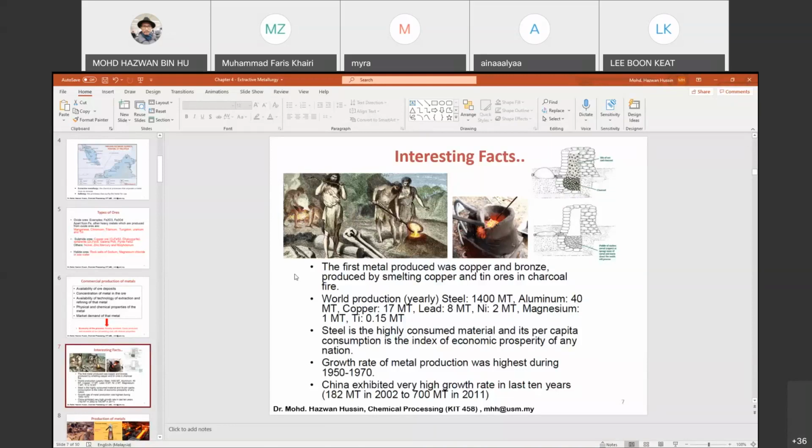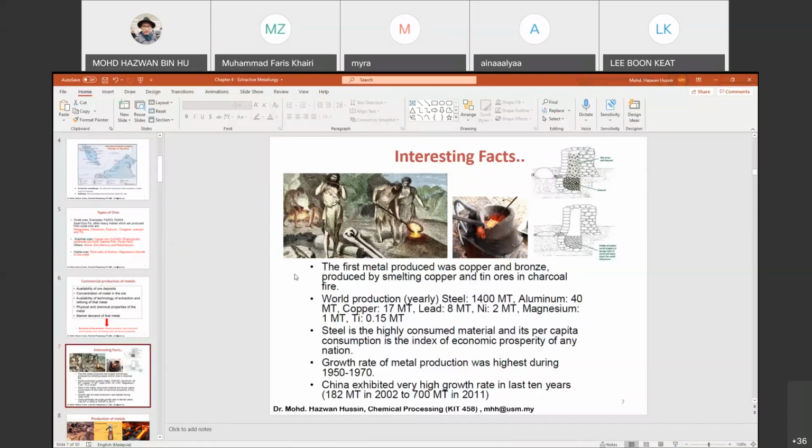The world production of steel yearly is around 1,400 megatons. Aluminium 40 megatons, copper 70 megatons, lead around 8 megatons, and so on. Steel is a highly consumed material, and its per capita consumption is the index of economic prosperity of any nation.